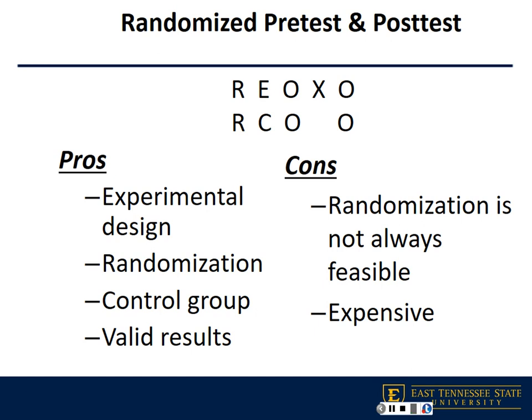Let's say there's 40 of you in class here. Again, randomly 20 of you are allocated at the beginning of the semester to the experimental group. And we teach 5,500 to the experimental group using the flipped classroom approach.